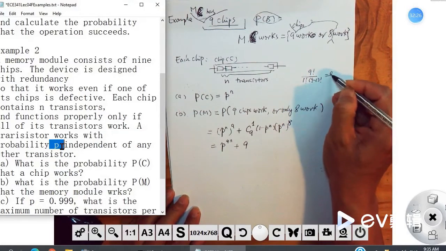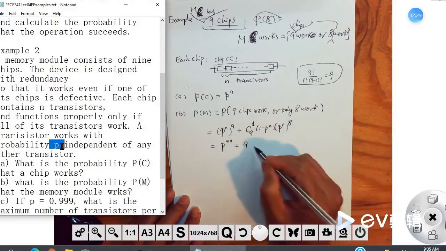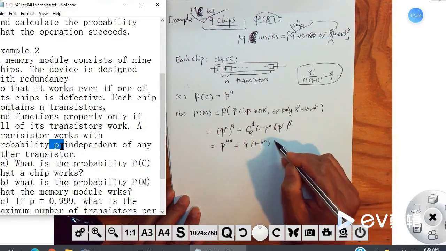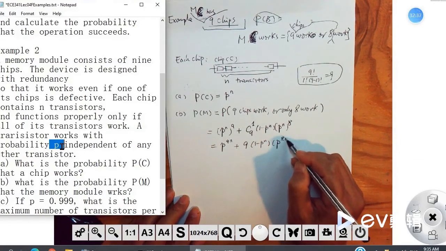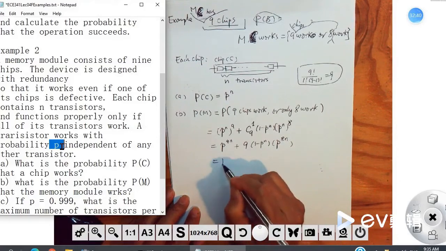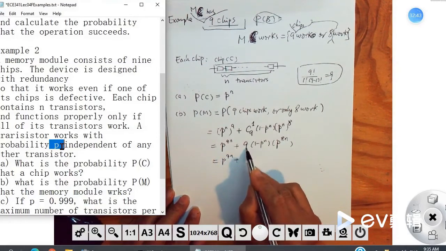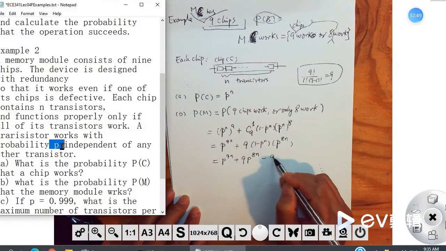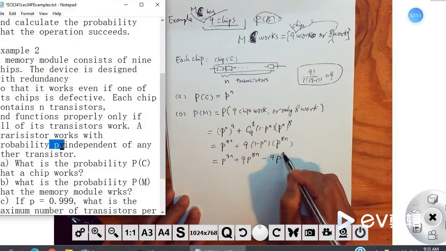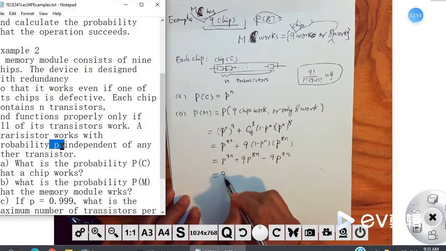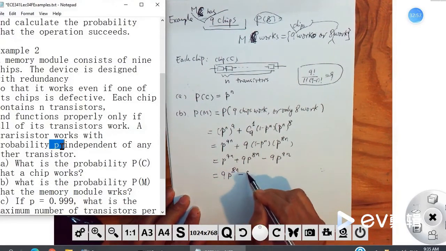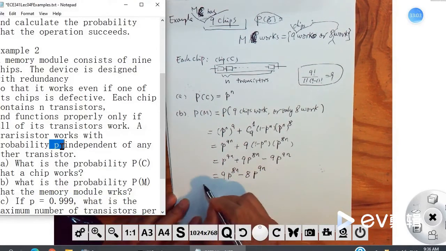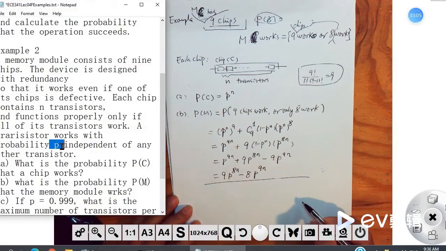So this is 9 times (1 minus P^n) times P to the 8n. So it is P^9n plus 9 P^8n minus 9 P^9n, so it's 9 P^8n minus 8 P^9n. So we have the probability of B looking like this.